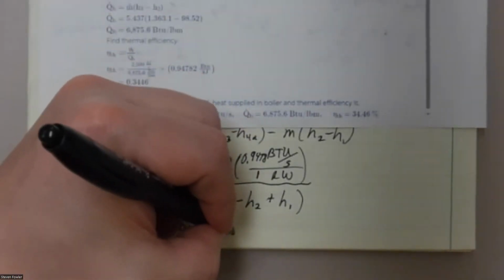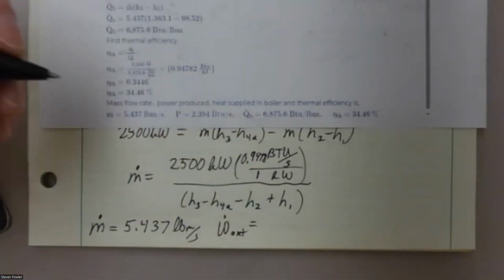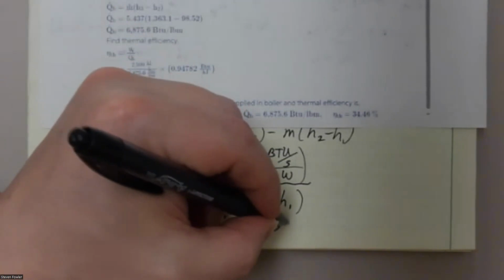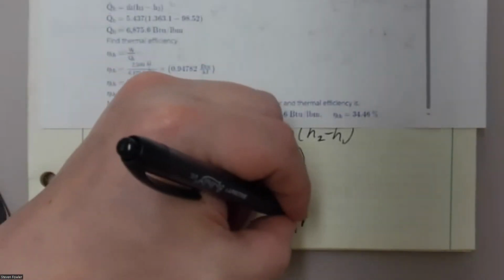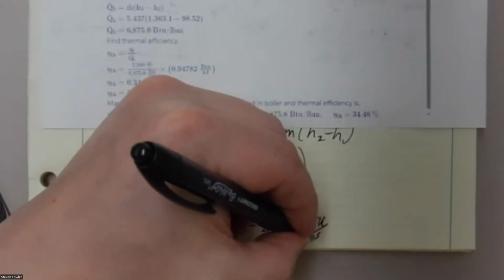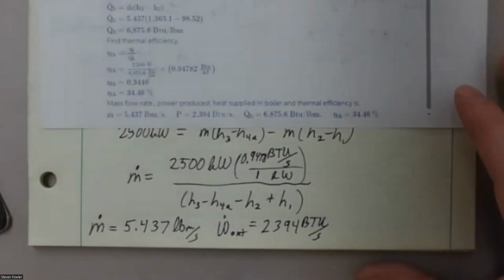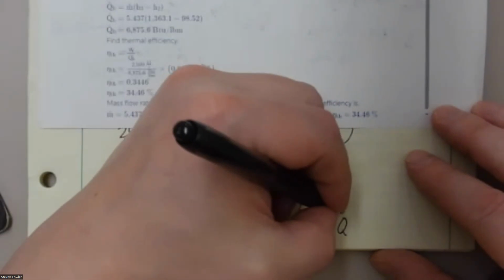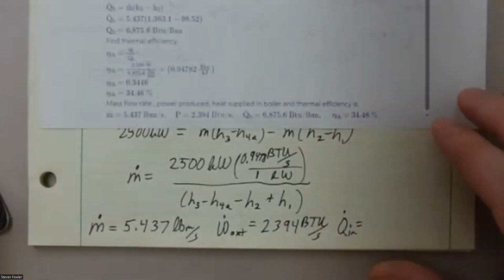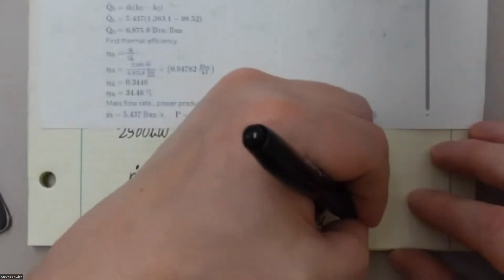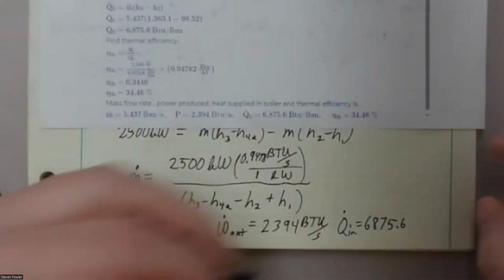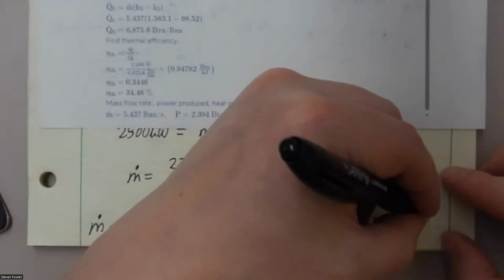They're suggesting the power output for the turbine is 2394 BTUs per second, which we probably would convert to horsepower or kilowatts. They're saying Q dot coming in is 6875.6 BTUs per second.